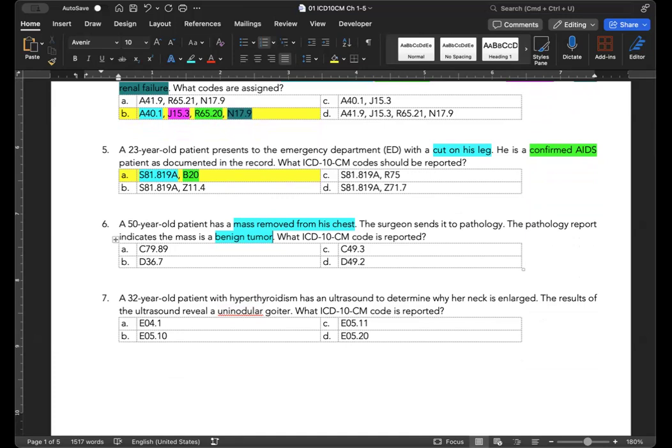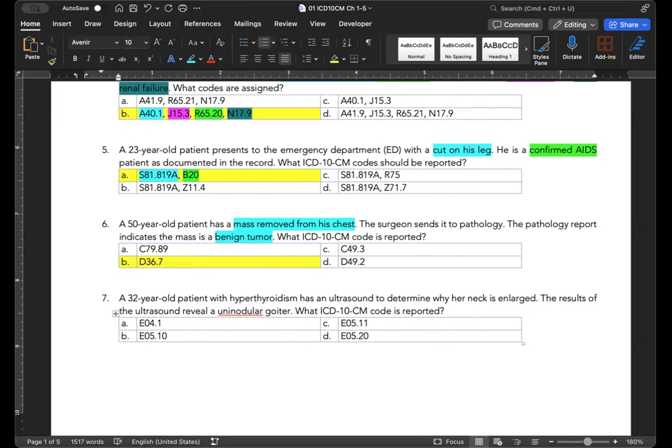B as in boy. Okay, I just wanted to make sure I was hearing that right. Yep, D36.7. Does everybody agree? D36.7. Any questions on that one? Okay.